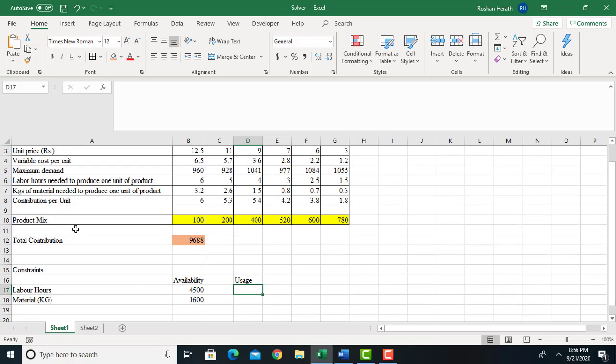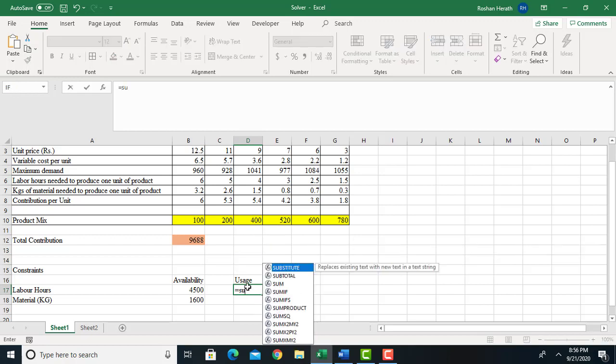At the moment, you have assumed the product mix of 100, 200 likewise. And also the labor hours needed per 1 unit is given. Then if you multiply this product mix by the labor hours needed to produce 1 unit, you would end up getting this usage.